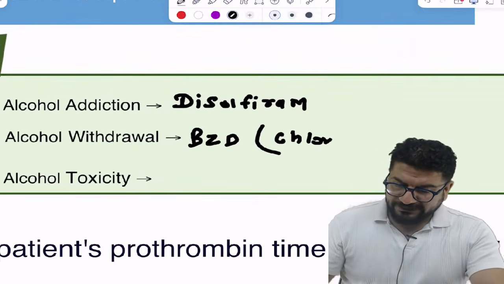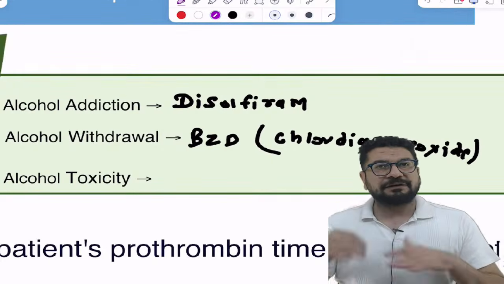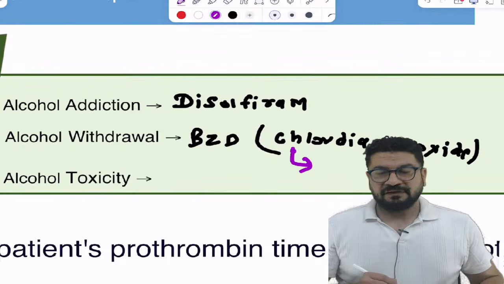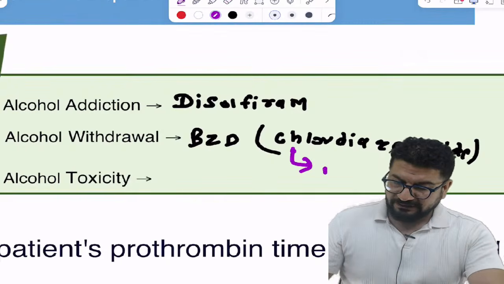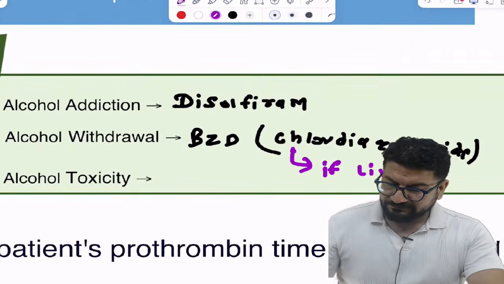And remember which benzodiazepine we use? We use chlordiazepoxide. But most benzodiazepines including chlordiazepoxide are hepatotoxic. लेकिन अगर patient को liver damage है, if liver damage is there, AST ALT बढ़े हुए हैं, then we will not give this.